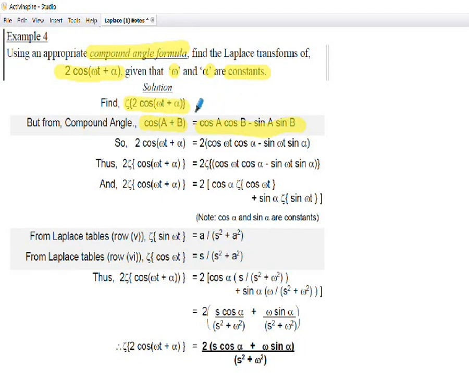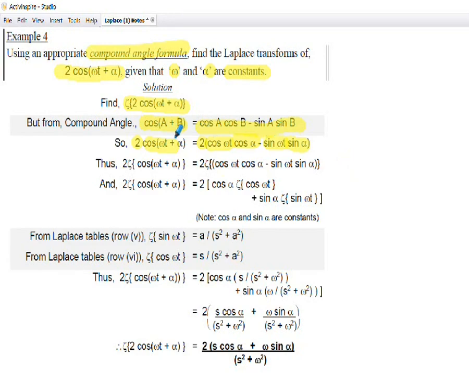So in this case, if we keep the 2 outside, 2 cos(omega t plus alpha) on the left hand side equates to 2 open bracket, cos omega t, that's the a, times cos alpha, the alpha is the b, minus sine omega t, sine of the a, times sine alpha, sine of the b.